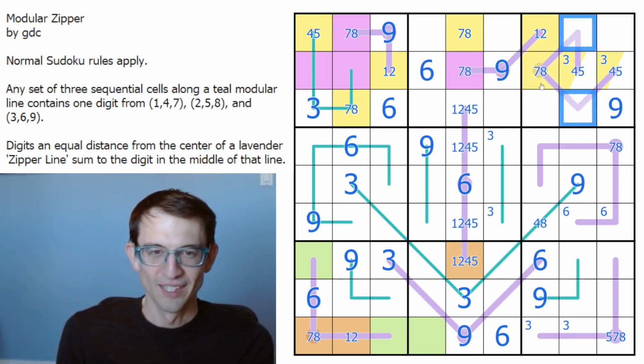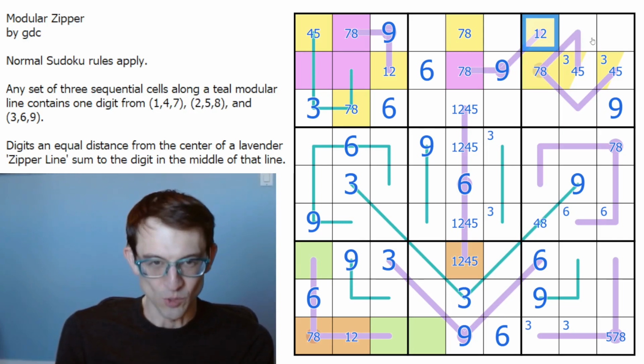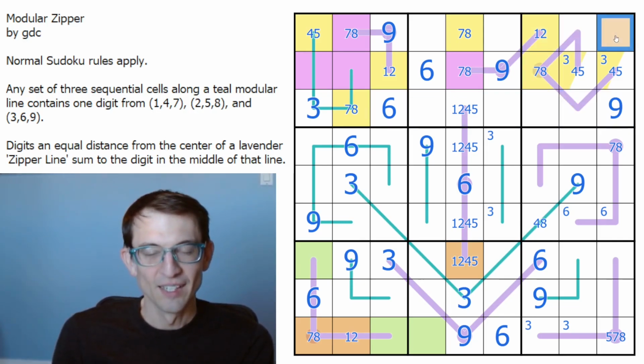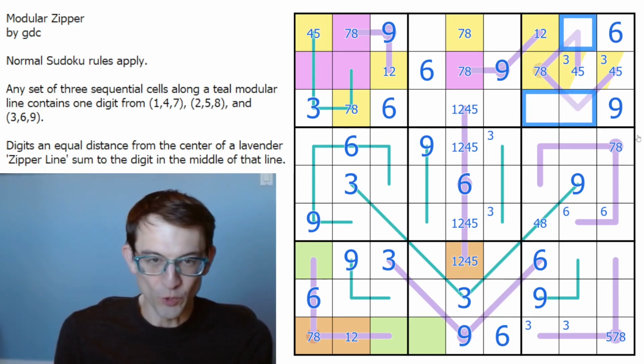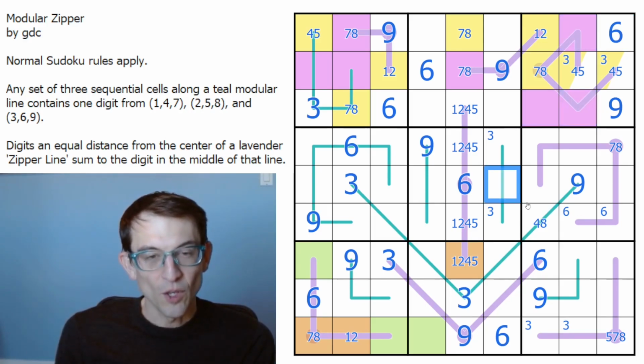So 6 plus, or do a minus. 7 or 8 minus 6 gives me the same modularity 1 or 2. Gives me the yellow 1 or 2, which is already in this square. So 6 can't be here. 6 can't be here. That's 6. And in fact, all 3 of these are purple. All 3 of these are purple.